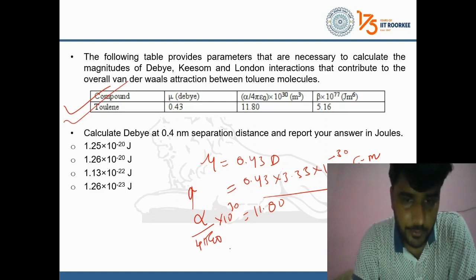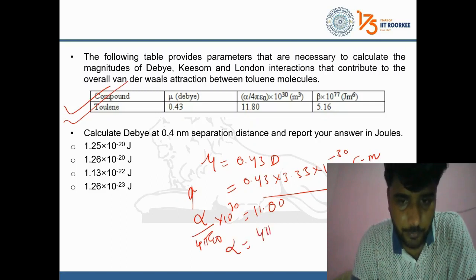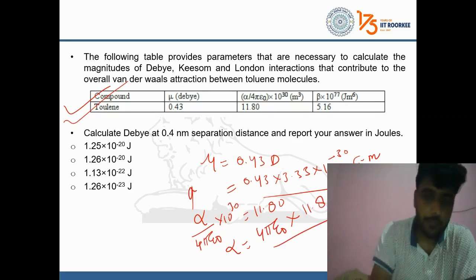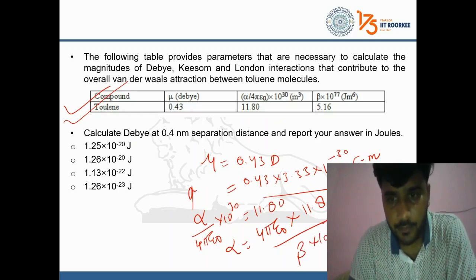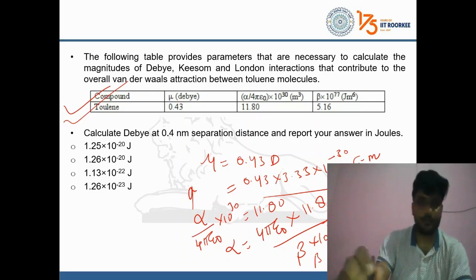So you can rearrange, 4 pi epsilon 0 times 11.80 times 10 raised to minus 30 meter cube, that is the value for alpha. And beta into 10 raised to 77 is given as 5.16. So beta will be 5.16 times 10 raised to minus 77 joule meter power 6.